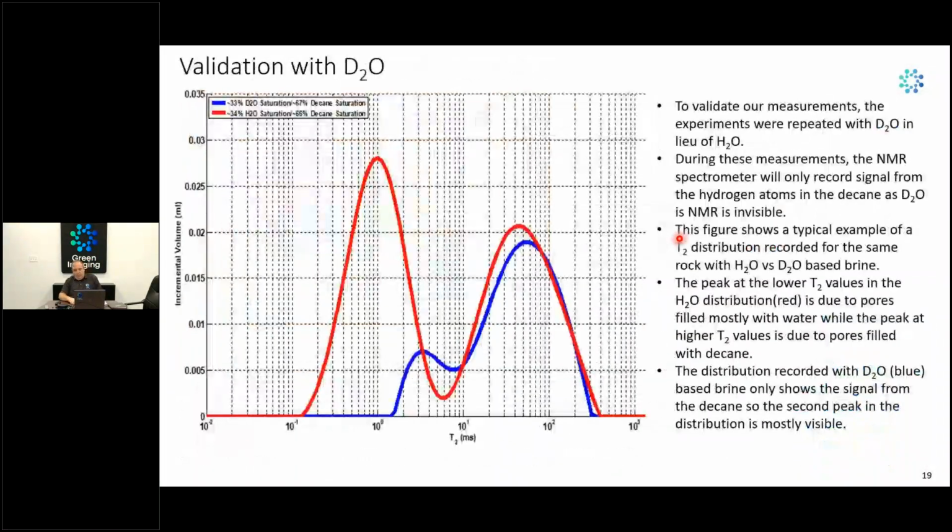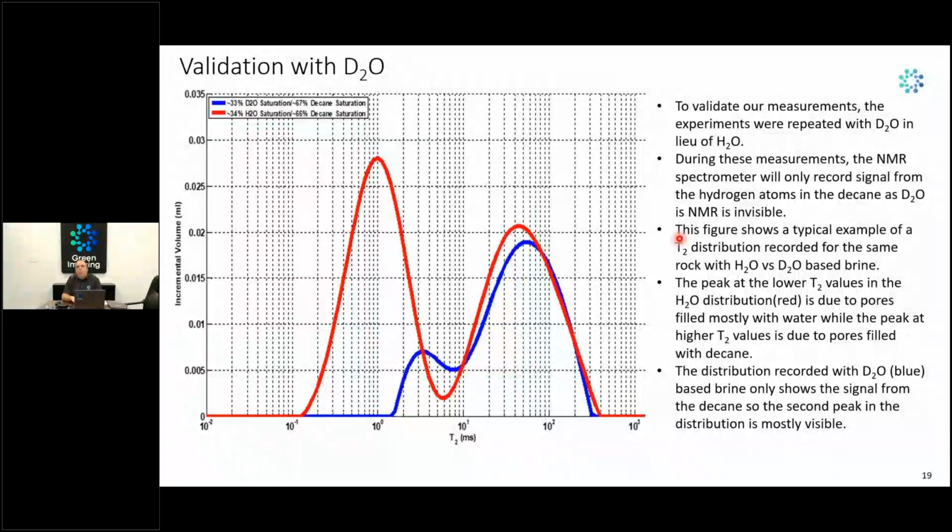Okay, so before I get into some results, I just want to talk a little bit about the validation of this work. This is really the key to our work, how much validation we did. We wanted to be 100% sure that the wettability and the saturation data that you derive from this model were accurate.